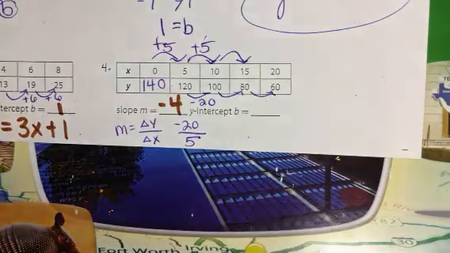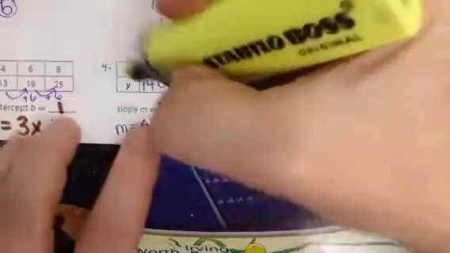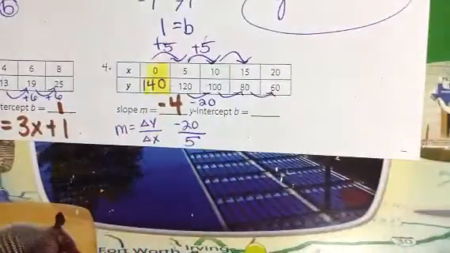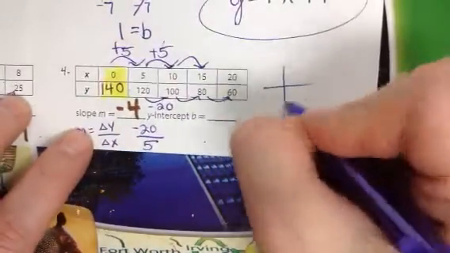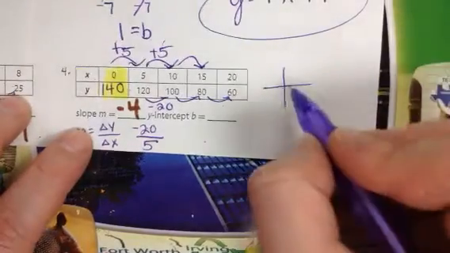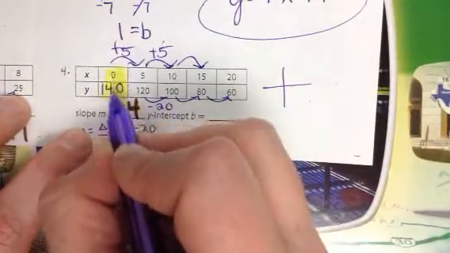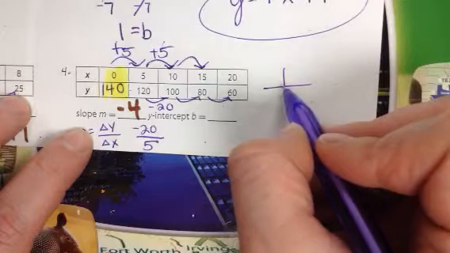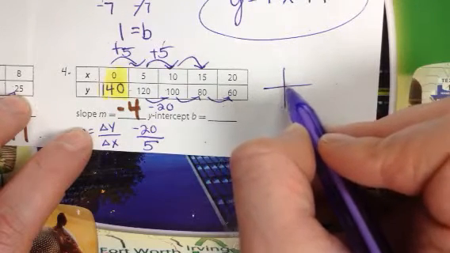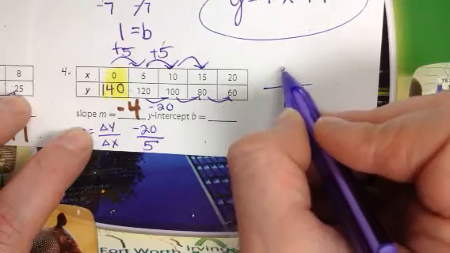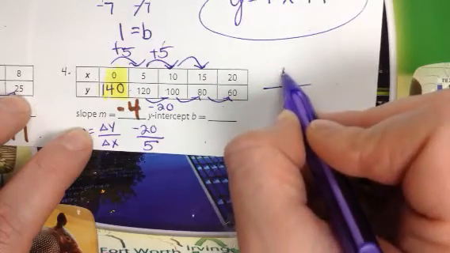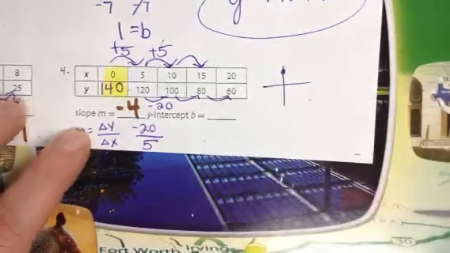If I need the y-intercept from a table, and you can see that we have the x value of 0, because if you visualize graphing this point, 0 is telling me don't leave the y-axis, I need to stay there, and then I just have to go up, way up high to that 140.